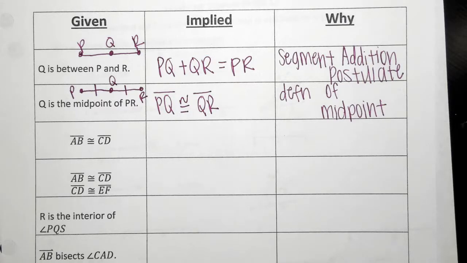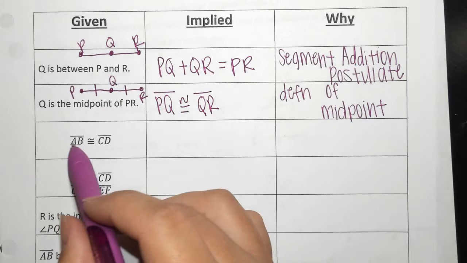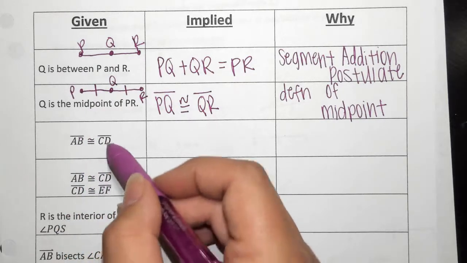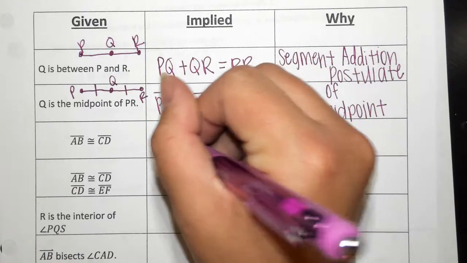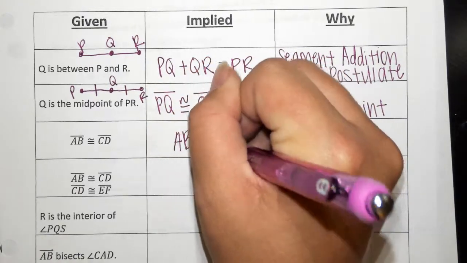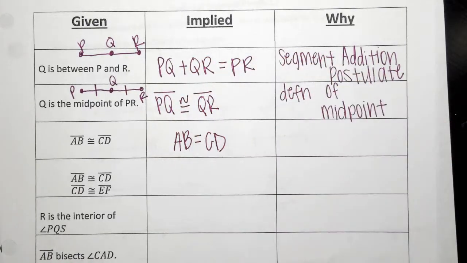Okay, if two things are congruent, we know they're the same, but we don't know anything about them being equal. So if they're the same, we don't know how high they are, how tall they are, whatever the number is. So if it says that these two segments are congruent, we have to go through a process to show that they are equal as well.